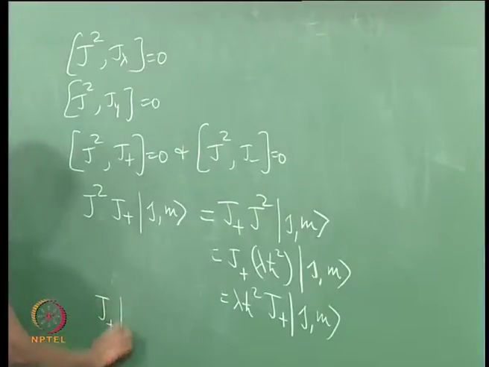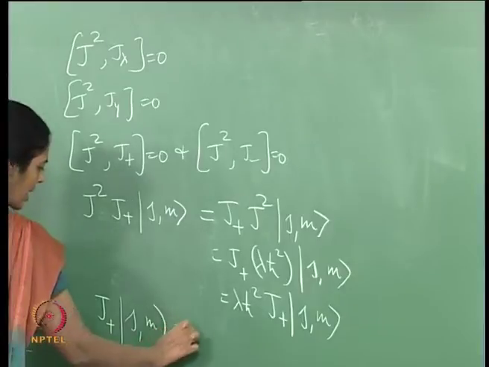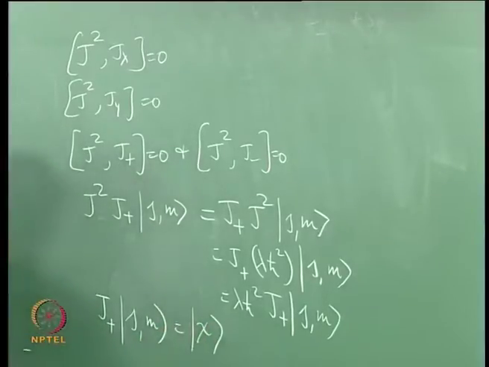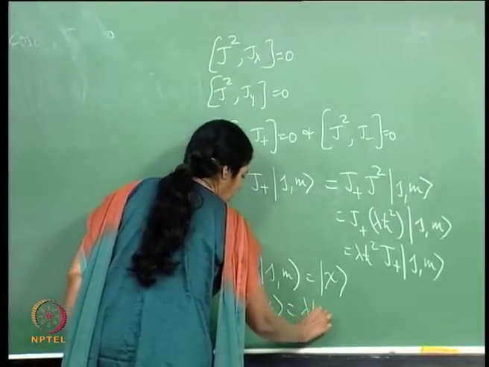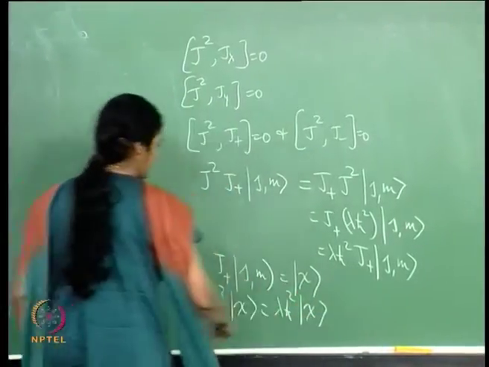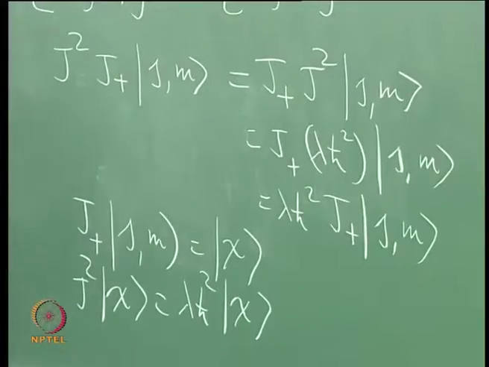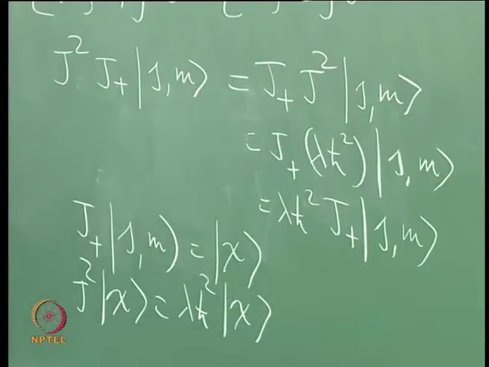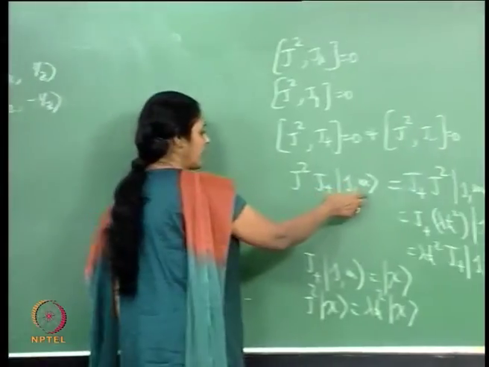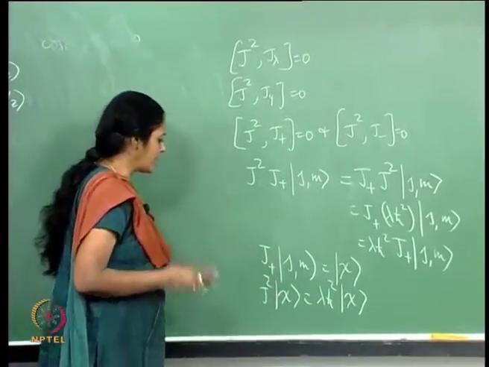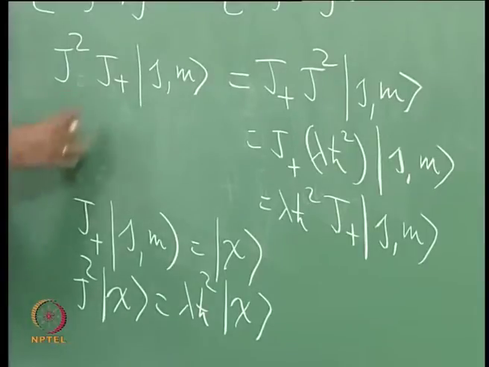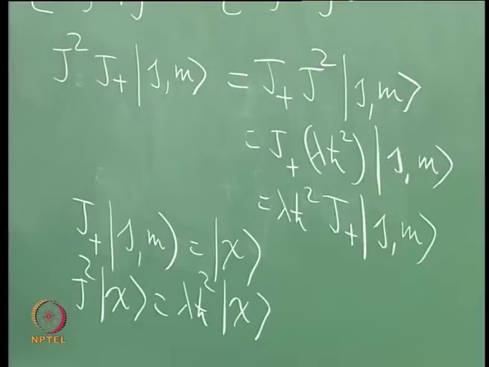Call the state J plus |j, m> as some ket chi. It's now clear that J squared chi is lambda h-cross squared chi. In other words, we are saying that J plus acting on the state |j, m> takes it to another state which I have represented by ket chi symbolically. That state is also an eigenstate of J squared with the same eigenvalue lambda h-cross squared.